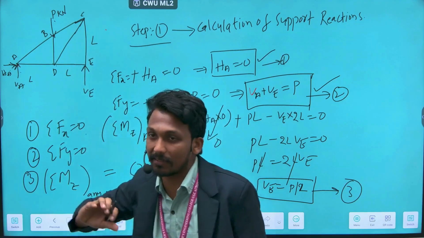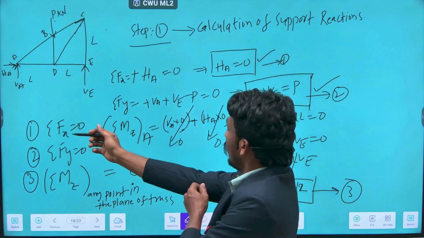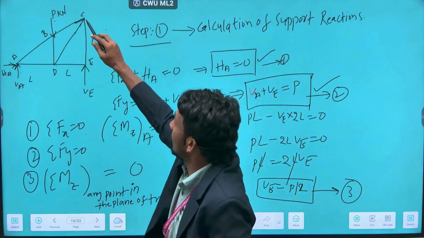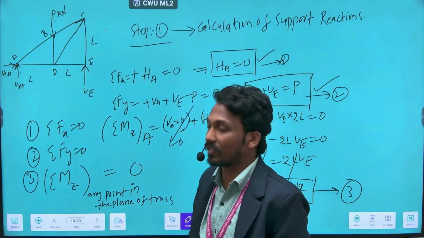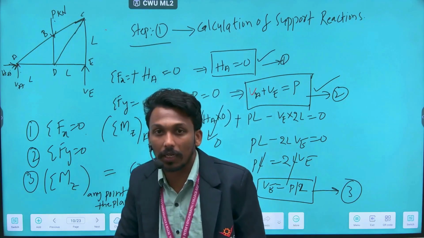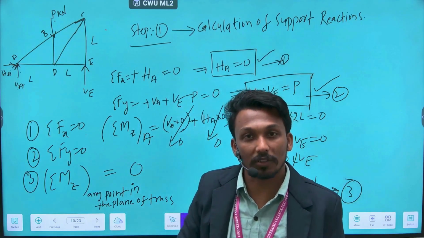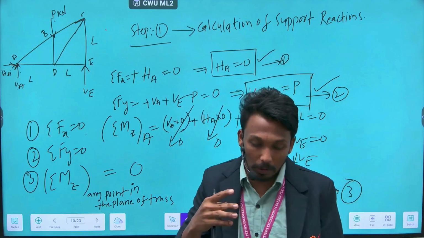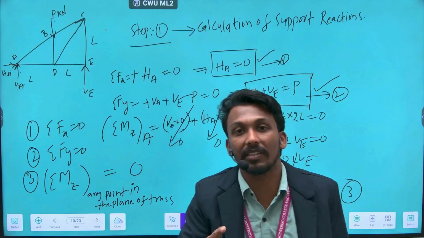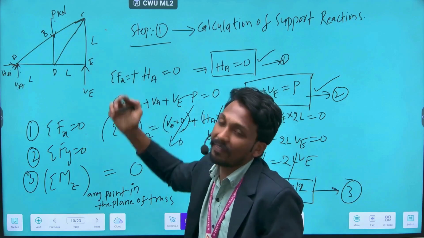The only thing that is left is the unknown member forces. So for that, we individually go to each joint, apply equilibrium equations and calculate the unknown forces. We have to start at a joint where only two unknown forces are present, because if we have more than two unknown forces, the equilibrium equations are not sufficient, as there are only two, so analysis will be difficult.